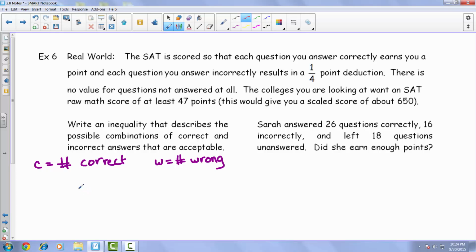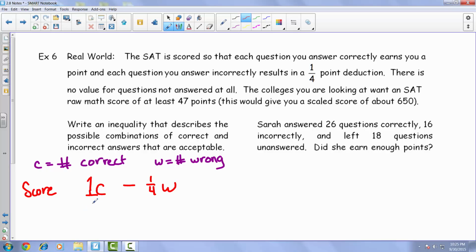Now, for every one that we get correct, we get 1 point. And for all those that we get wrong, we are docked a fourth of a point. And as a result, because we're docked, we're going to have a negative for this, because again, it's being deducted. And in the end, we should end up with some kind of score.